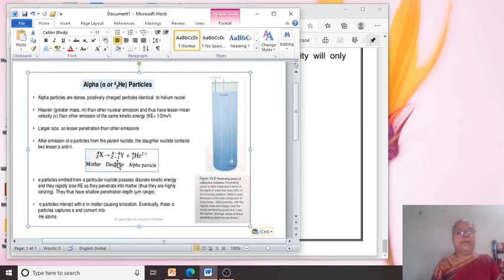And you know the range is proportional to the kinetic energy. Then alpha particles interact with matter causing ionization.